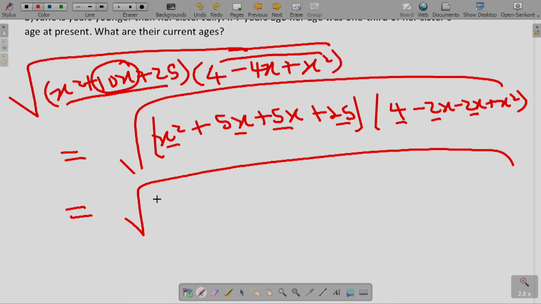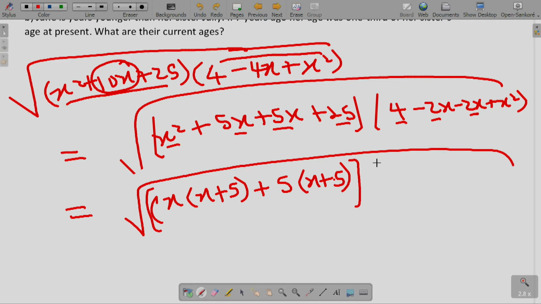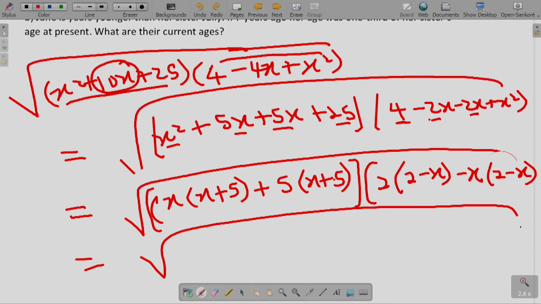So this is equal to square root of x common here, remain x plus 5, and here 5 common, x plus 5, times here we take 2 common, remain 2 minus x, and here we can take negative x common, remain 2 minus x.